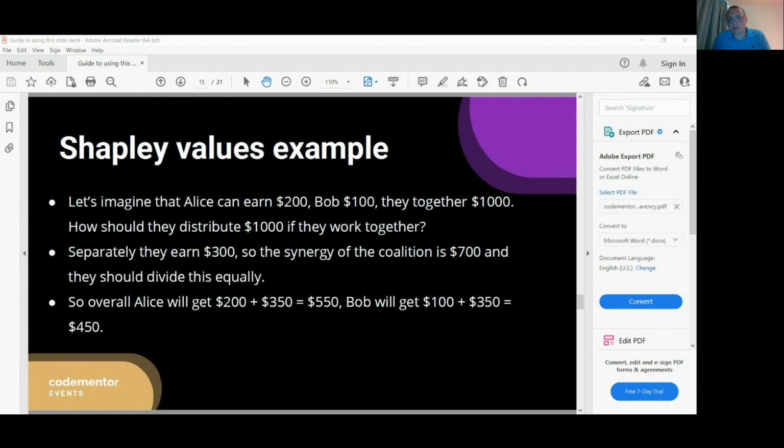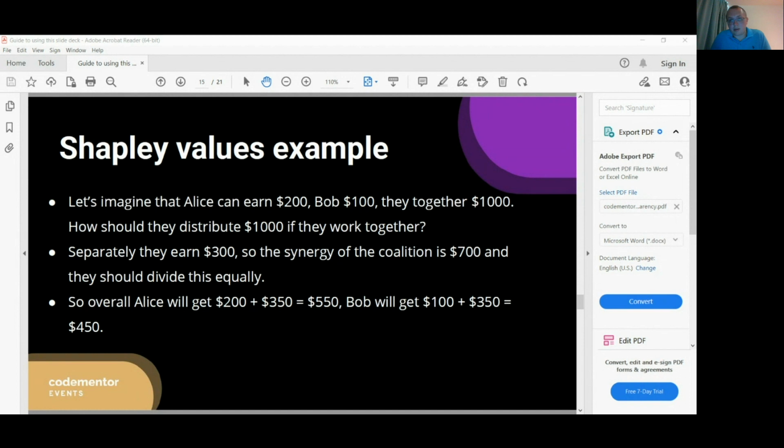The synergy of coalition is the difference between how they can earn together and separately. If they work separately, they earn 300, but the synergy of the coalition is how much they can earn on top of this. So it's 1,000 minus 200 minus 100, so it's 700.